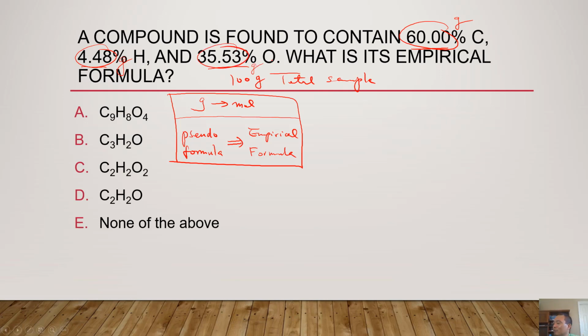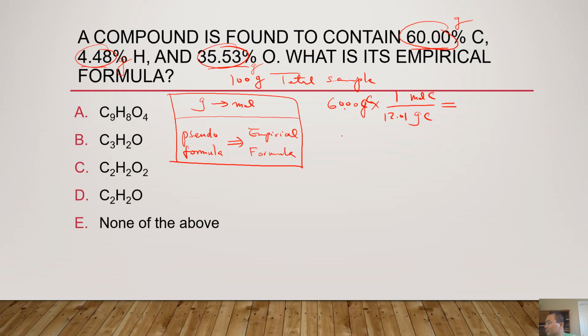First step, we have to convert grams to mole. 60.00 grams of carbon converts to moles of carbon, where 1 mole is 12.01 grams. We'll do the calculation a little bit later.